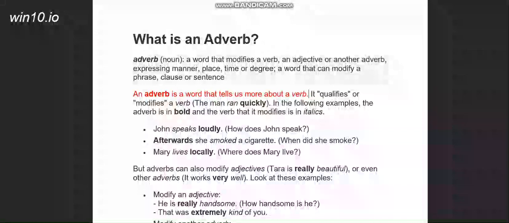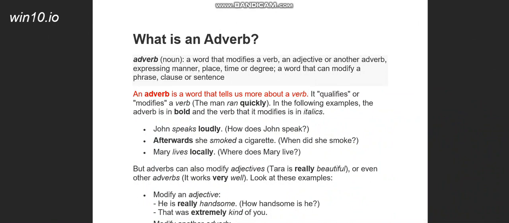How is she dancing? She is dancing gracefully. So gracefully is describing our action, dancing. Gracefully becomes our adverb. Therefore it is written that an adverb is a word that tells us more about a verb.